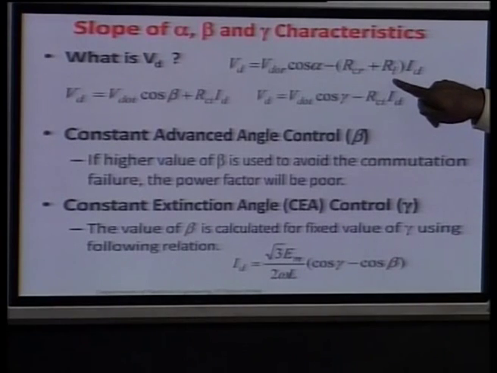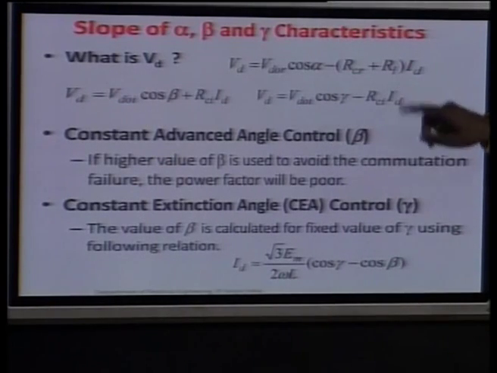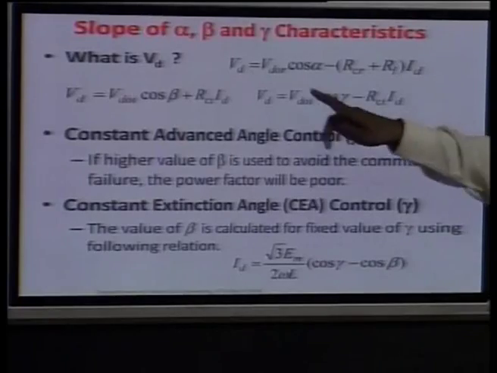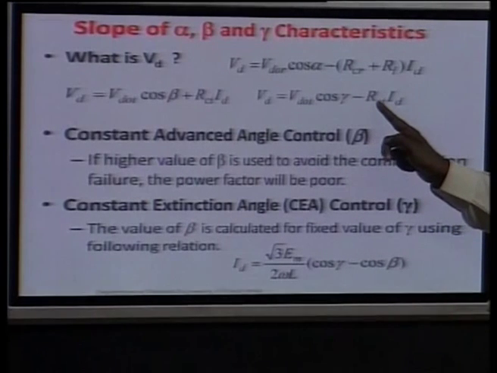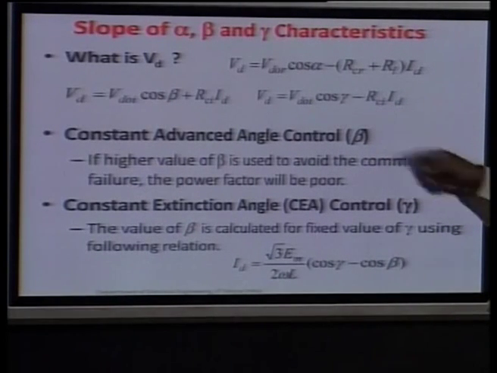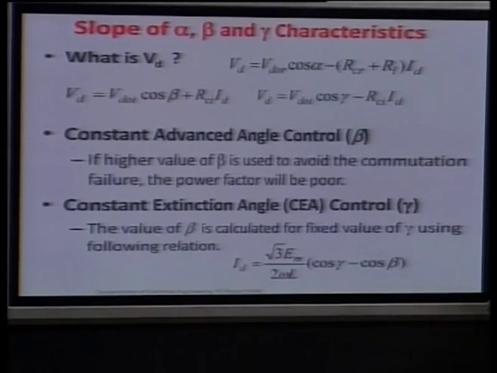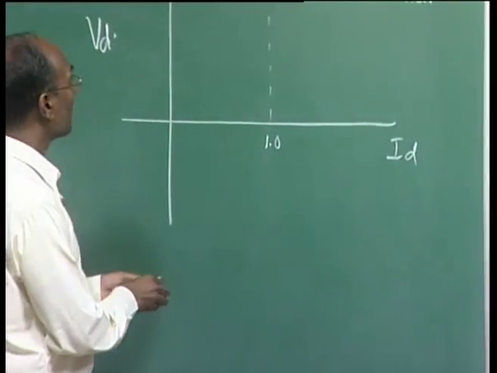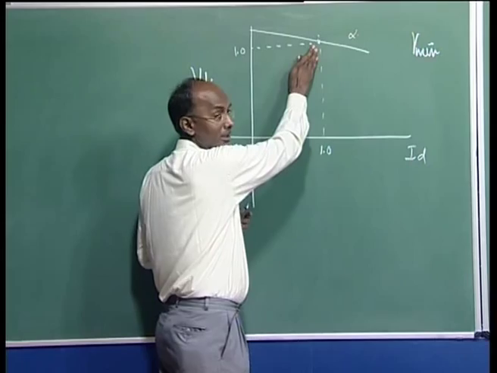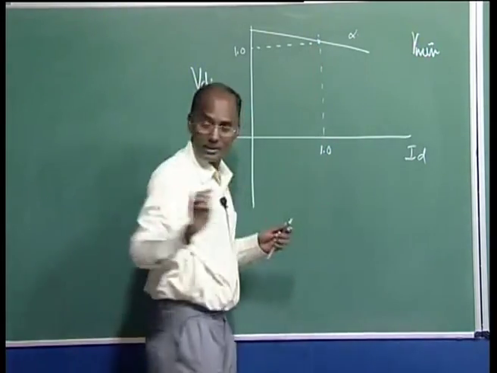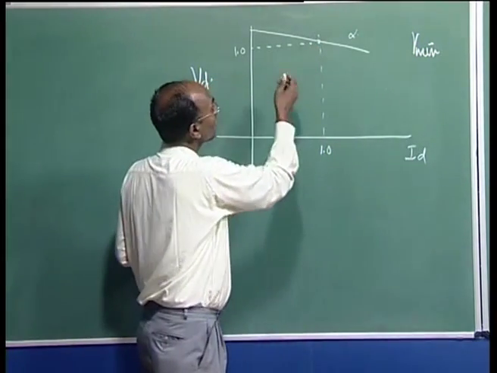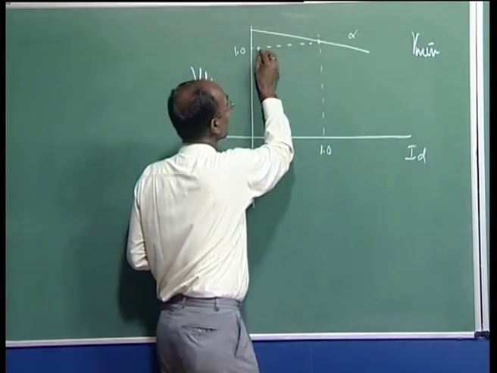Now it shows that you are having more droop compared to this droop. And then we are just drawing. Now you see this is your characteristic. This characteristic, I can draw, this will be more slope, here it will be less slope.